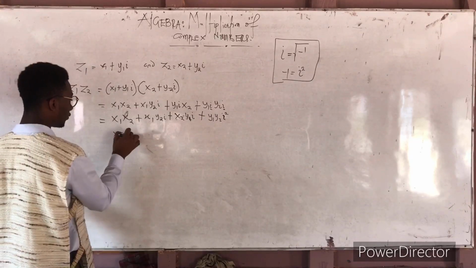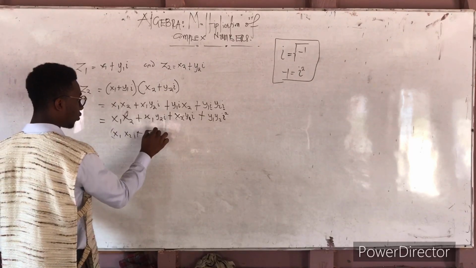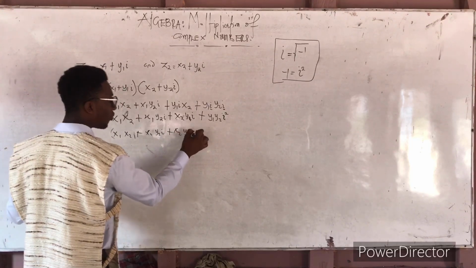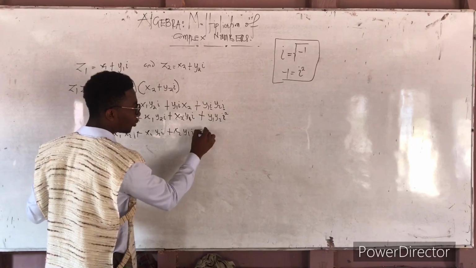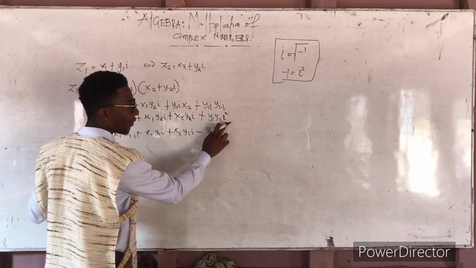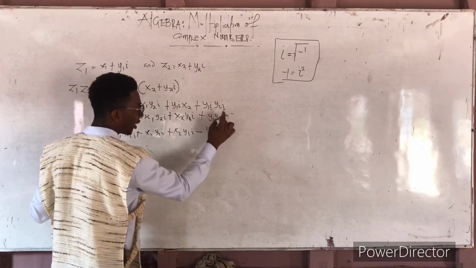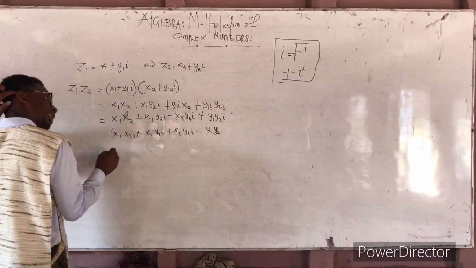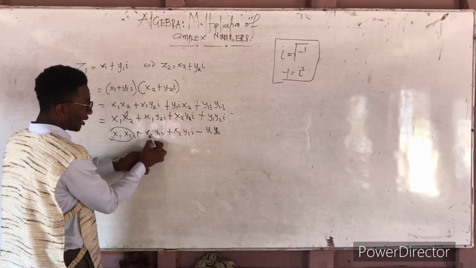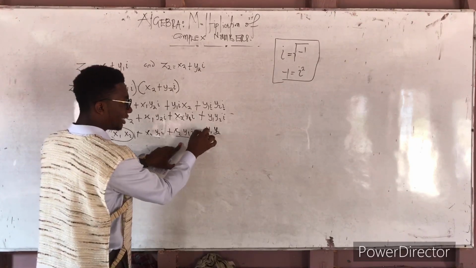So we get X1 X2 plus X1 Y2 i plus X2 Y1 i minus Y1 Y2, because this negative 1 will affect the whole of this. It's more or less like multiplying by negative 1. Now realize that these two terms give us a real number. But here, because of the i, this will give us an imaginary number, and this too.